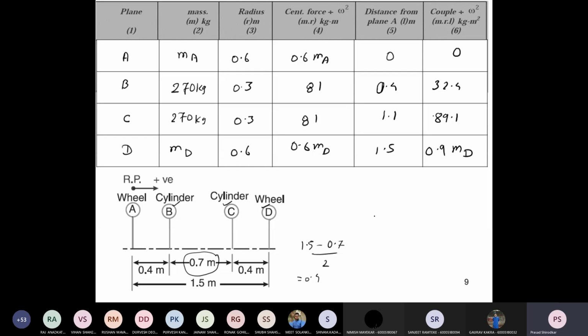Also it is given that the cylinder masses are mutually perpendicular to each other. So if I construct this, I'm going to start with B. Take B as horizontal, so B is this way and C is vertical.